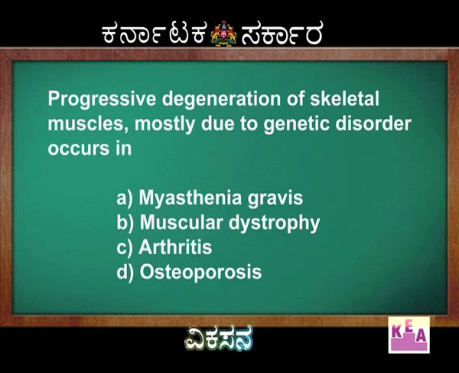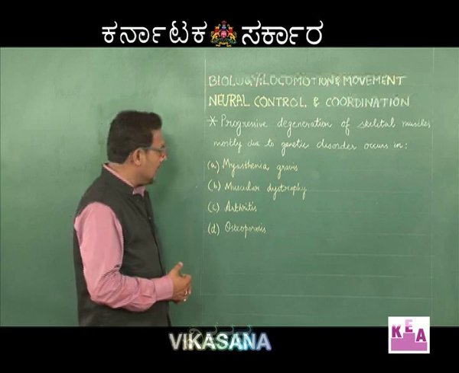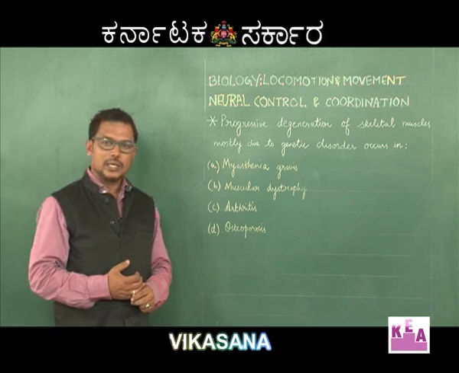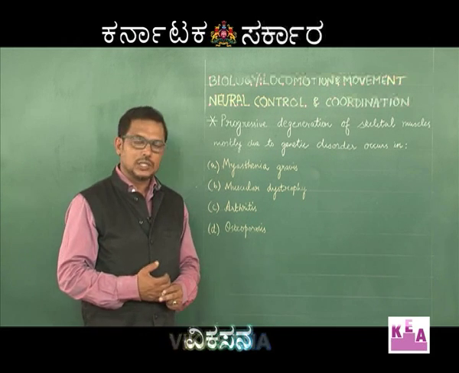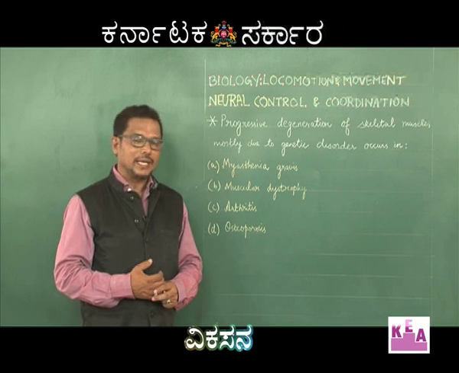Whereas arthritis is a disorder caused due to inflammation of joints, and there is difficulty in movement of joints. Muscular dystrophy is a disorder due to progressive degeneration of skeletal muscle, and myasthenia gravis is a disorder due to autoimmune disorder of the neuromuscular junction that causes fatigue.